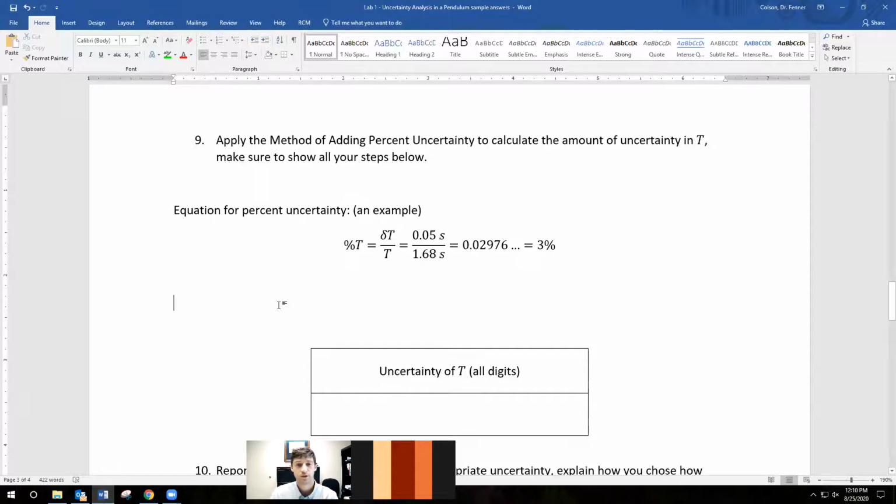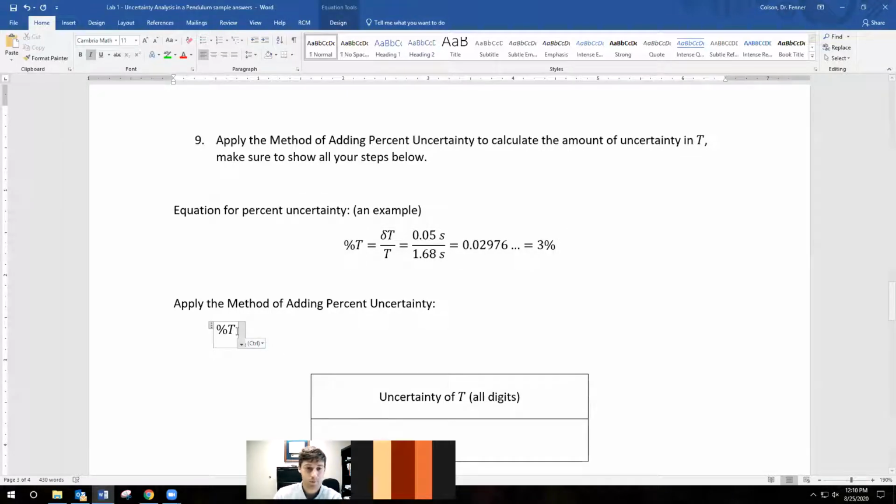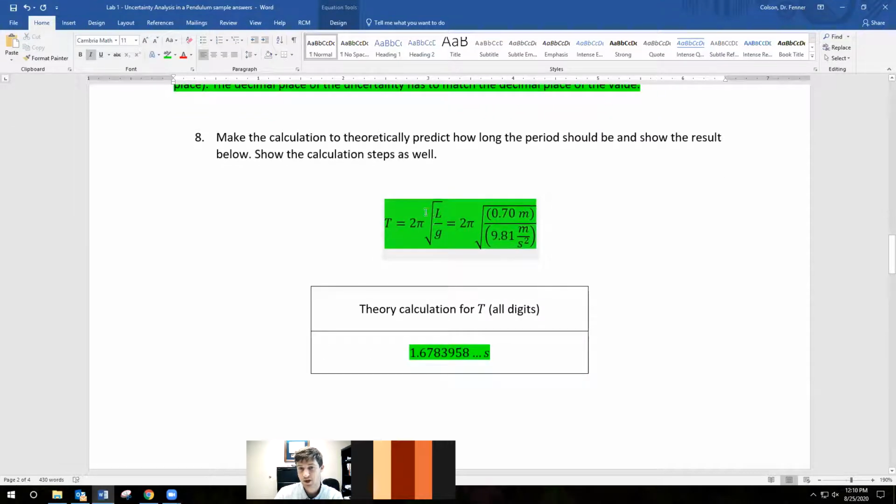And so if you apply the method of adding percent uncertainty to this question, when you apply it to the calculated value of the period using an equation, we have two terms in the equation, a length uncertainty and a gravitational uncertainty.